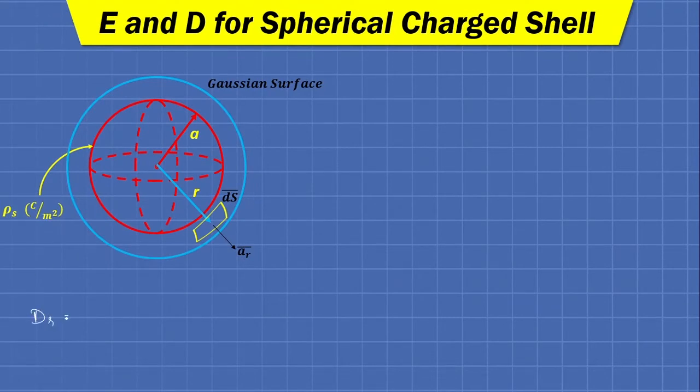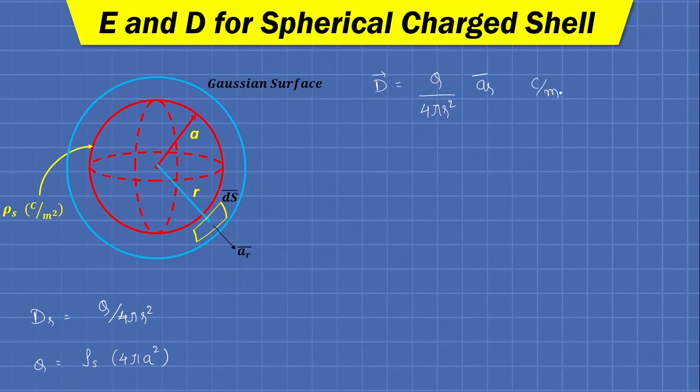First, Dr equals Q upon 4 pi r square. Here r is the radius of the Gaussian surface, and the value of Q that we have got is rho s into 4 pi a square, where a is the radius of the spherical shell. So D bar can be written as Q upon 4 pi r square ar bar, because the direction of flux density is in the direction of the radius itself.